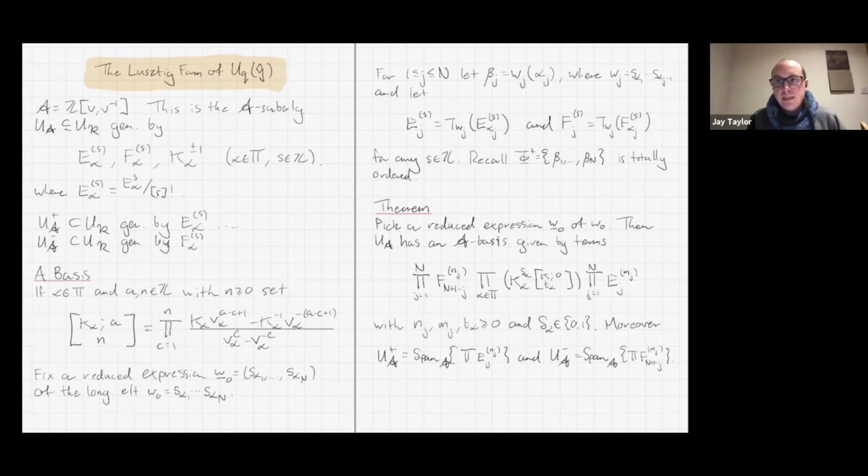So this basically looks very similar to what we had for the distribution algebra case.